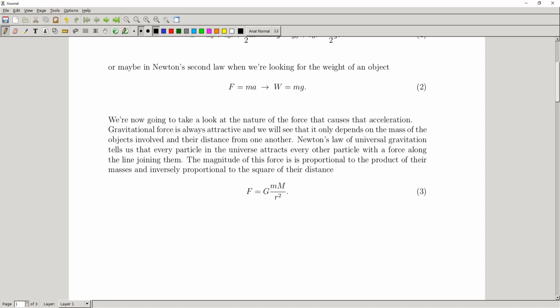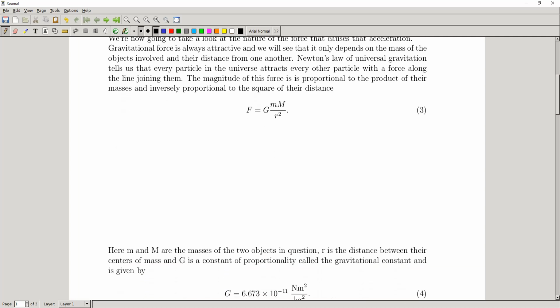And so let me just draw a little picture here. Let's say we have some object of mass m over here, and some other, let's say a larger object of mass capital M over here. And usually this is how we'll label things.